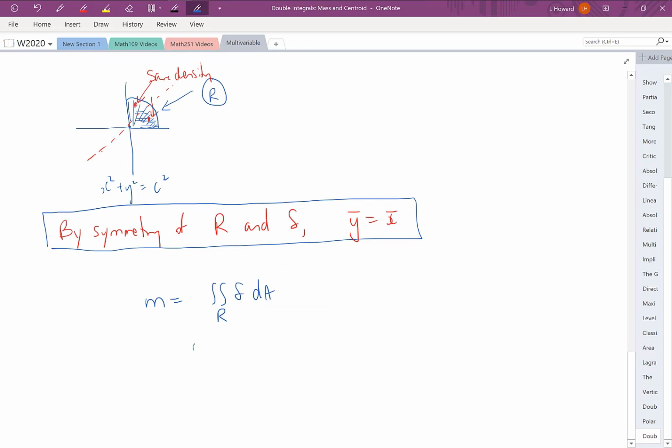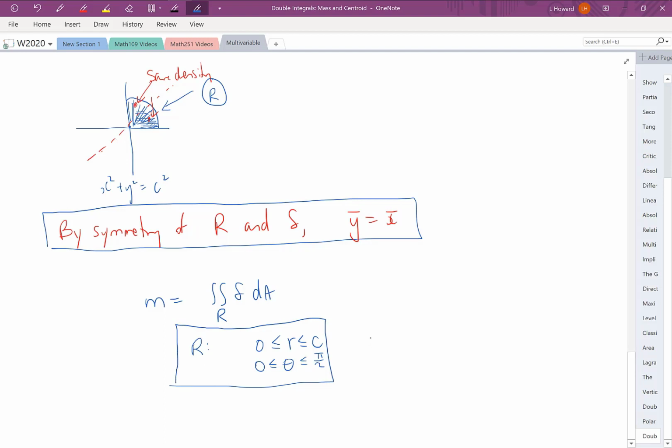So if we want to move into polar, let's think about our region R. This is a circle of radius c. So the radius values in the disk are going to range from 0 to c, and the angles are going to range from 0 to pi over 2, because we're just doing that first quadrant.